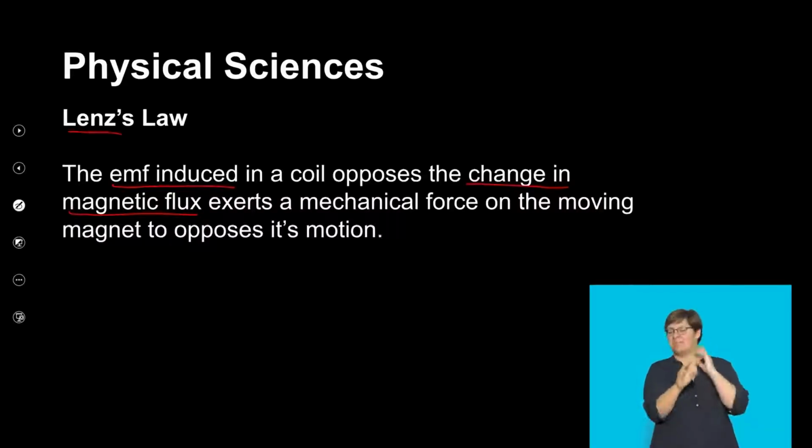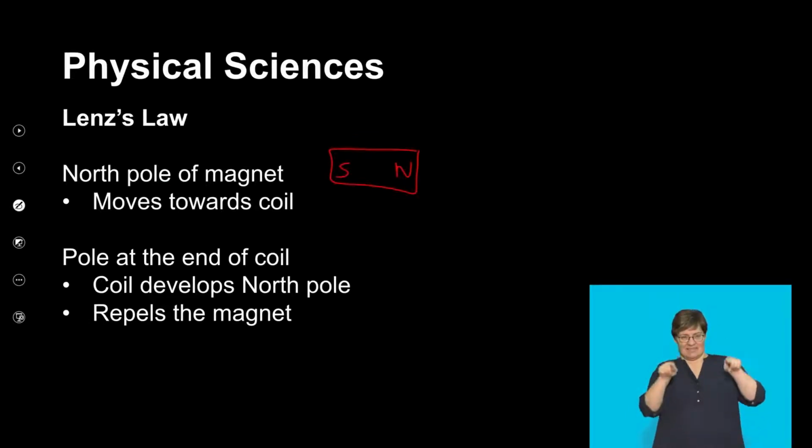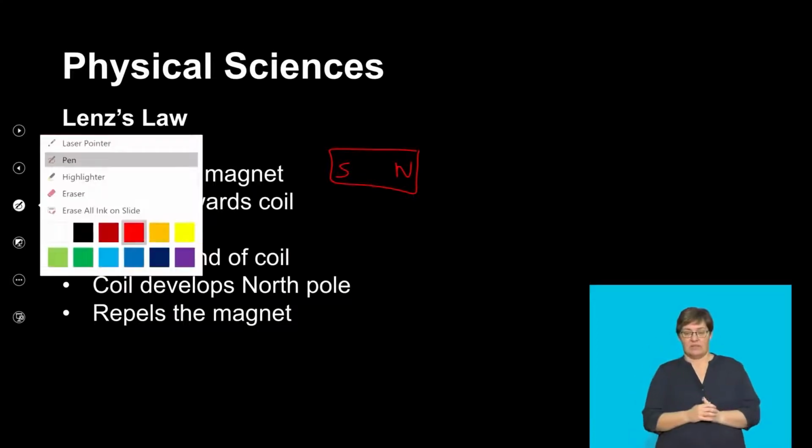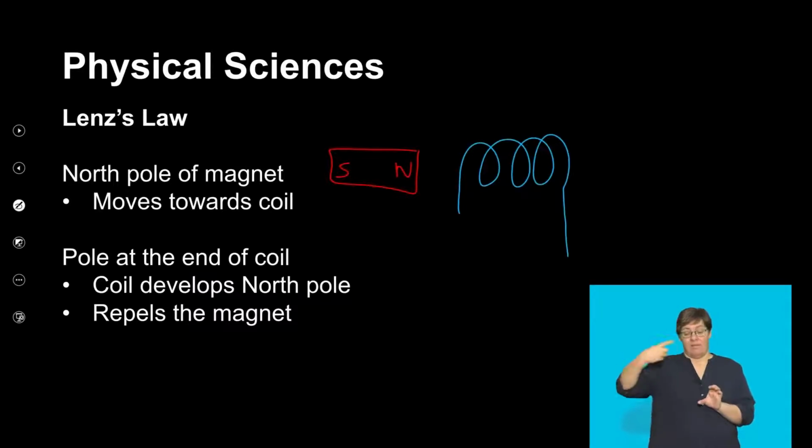And so what we recognize here is that if I have a coil, and I'm just going to use this red pen to indicate the magnet, and I'm going to use a blue line to indicate the coil, and I'm going to connect it to a galvanometer. At the moment, it's reading 0.